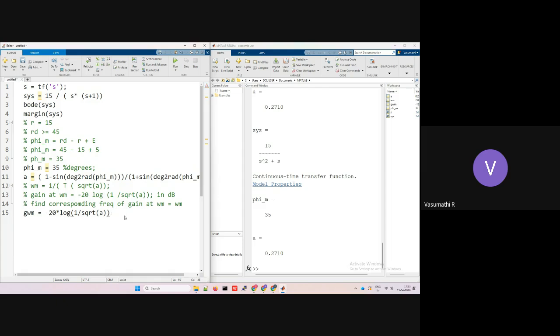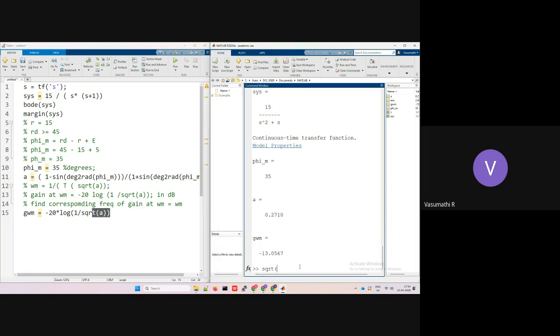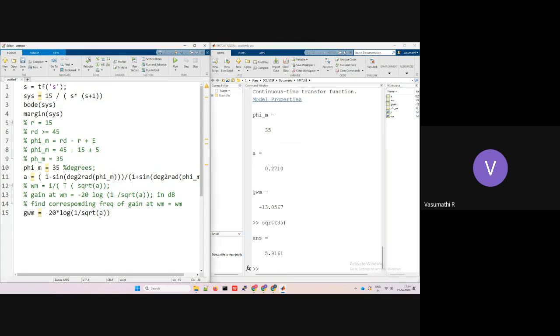Your gain at omega m here, is it really taking it? Okay, sqrt of alpha. I'm using alpha straight away, right?